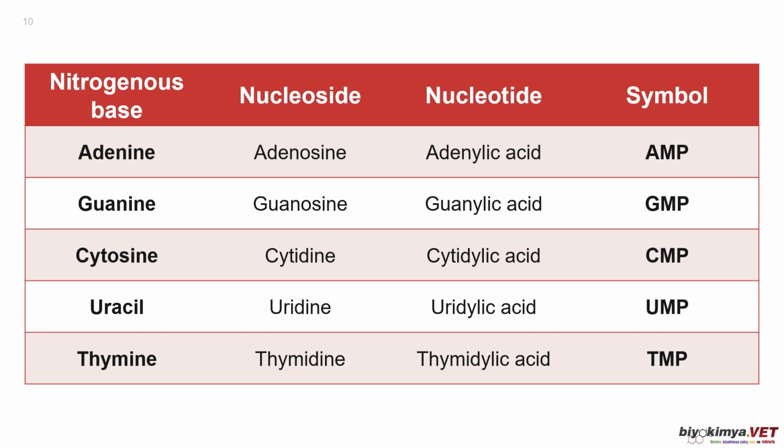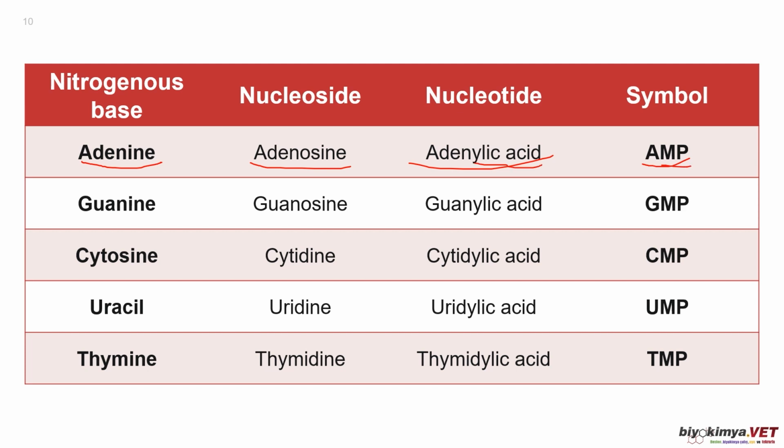For example, adenine plus ribose is called adenosine. If one phosphate moiety is attached to the ribose, it will be adenosine monophosphate, or adenylic acid. So here the acid refers to the monophosphate.